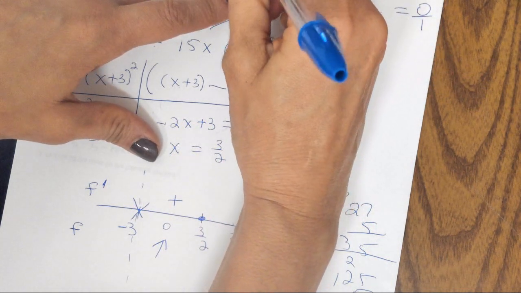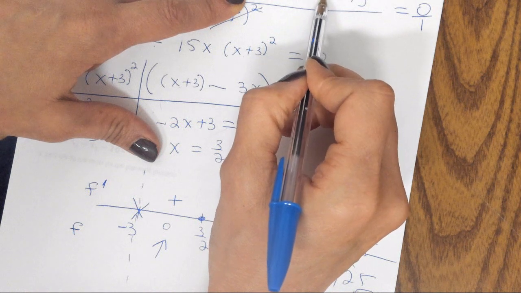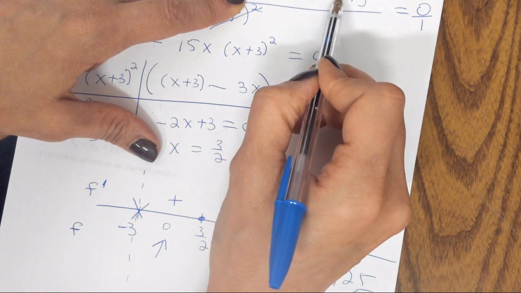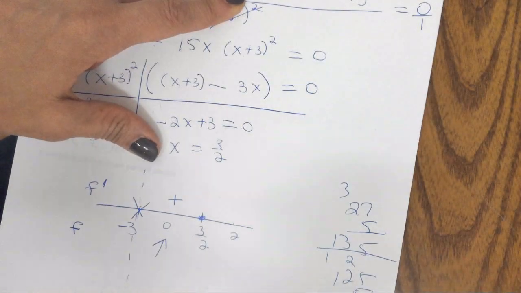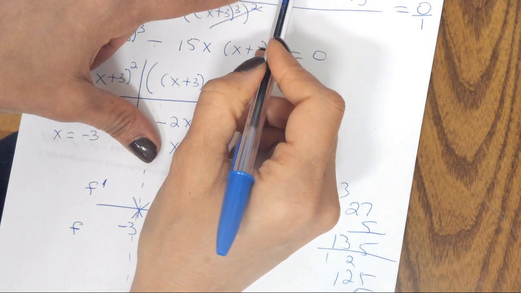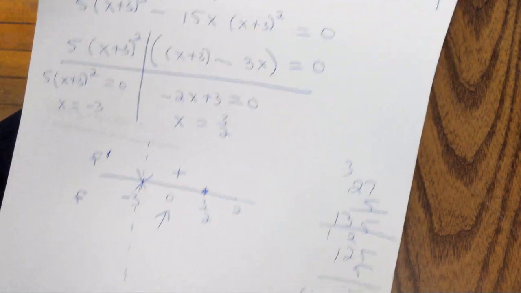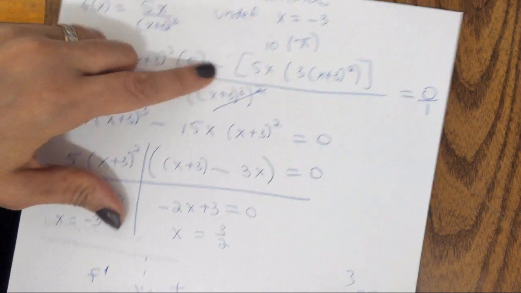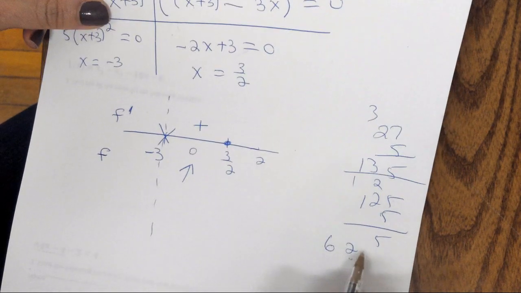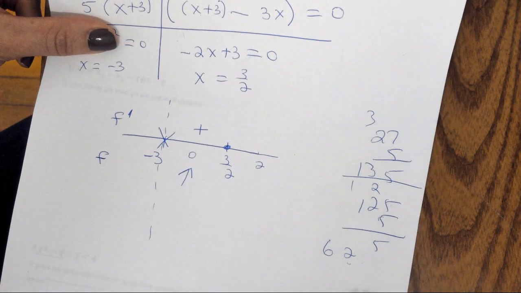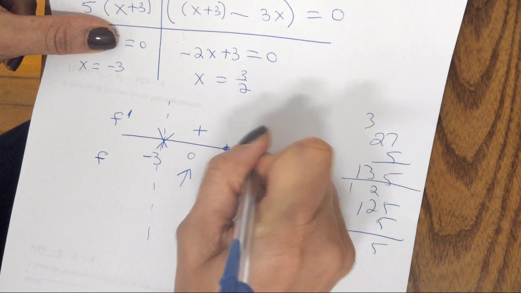So in here we have 10 times, if I plug in 2 here, 2 plus 3 is 5, 5 squared is 25, 25 times 3. And so this number, 10 times 75, is certainly bigger than 625. Right, 10 times 75, we know is bigger than 625. It's certainly bigger than here, so this is going to be negative.